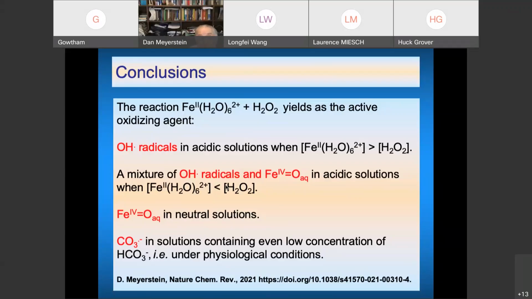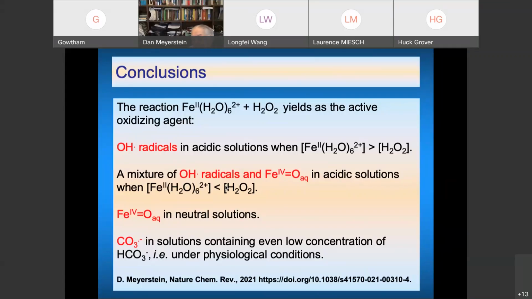If you work in neutral solution, you form iron 4, but not in the presence of bicarbonate. But if you work in a neutral solution which contains bicarbonate, which is in every living system and in every environmental system, you form carbonate anion radicals.